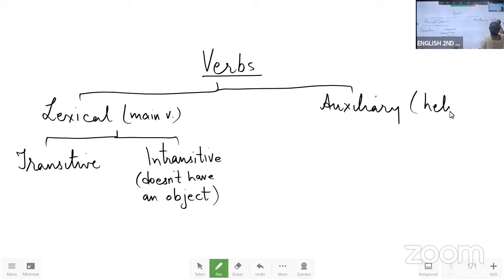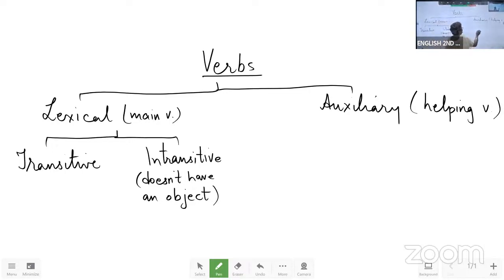Helping verbs again play a major role in sentence construction, children. Whether it is first year, second year, or further in your studies, verbs play an important role and you should be thorough. You should have it at your fingertips when we ask you, what are the auxiliaries?